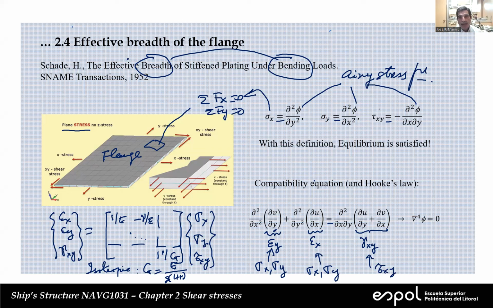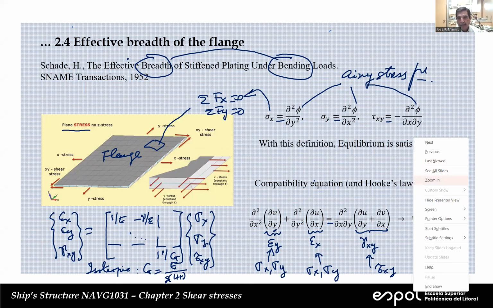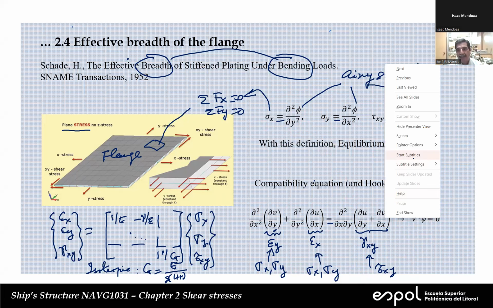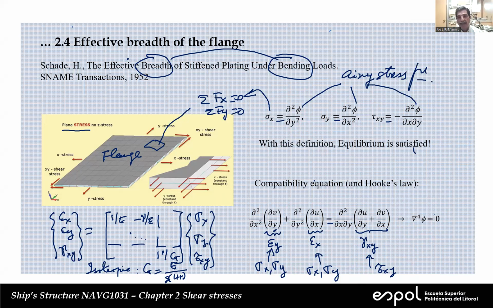But now we have the definition of the Airy stress function, which is here. So we can take this and replace it here. All of this expression for tau can be replaced by the derivatives of phi. And at the end, you simplify, and this is what you obtain. This is what we call one of the compatibility equations. This is typical for plane stress problems.